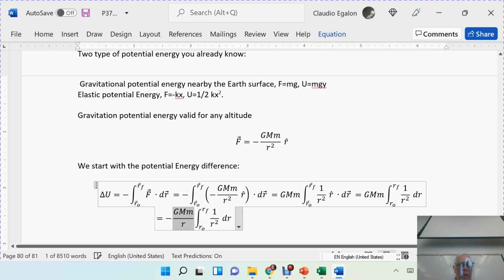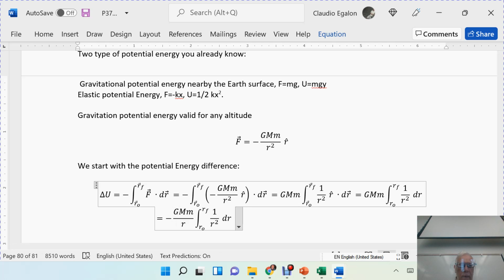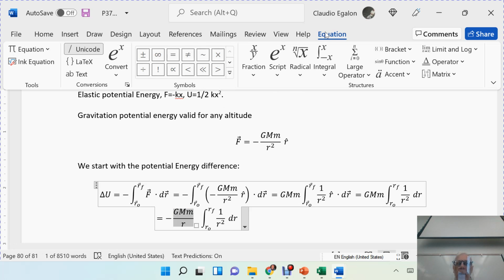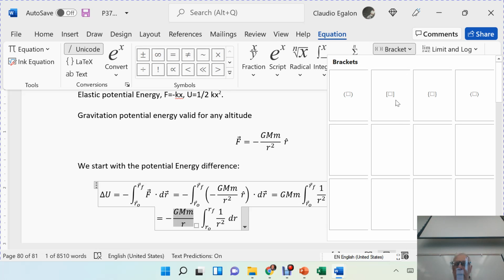Let me see how I'm going to do that. No, doesn't work. I want to do it in a different way. I'm still going to learn how to get this keystroke right. The keystroke is much quicker.